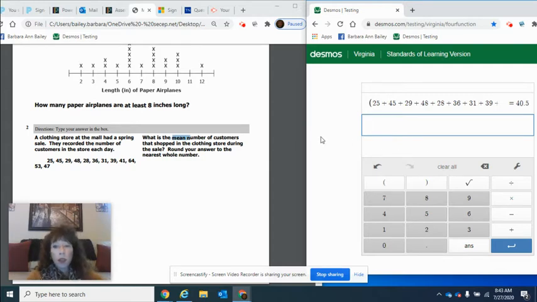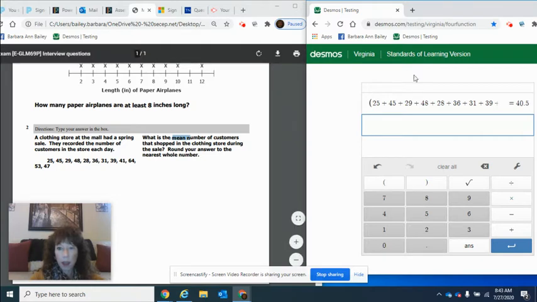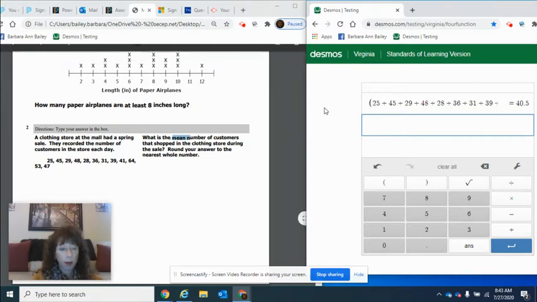So I'm going to show another way that you can get this answer correctly using the Desmos calculator. And again, we want to have them practice with the calculator.